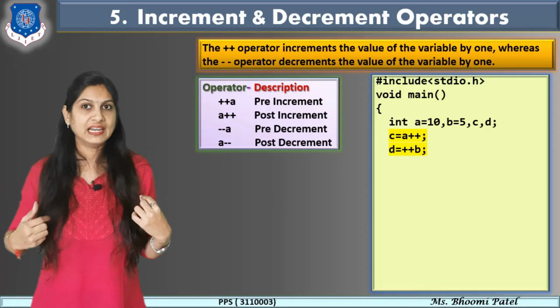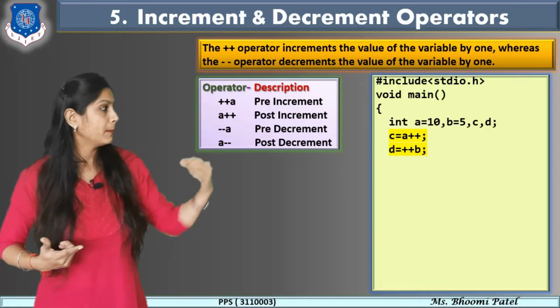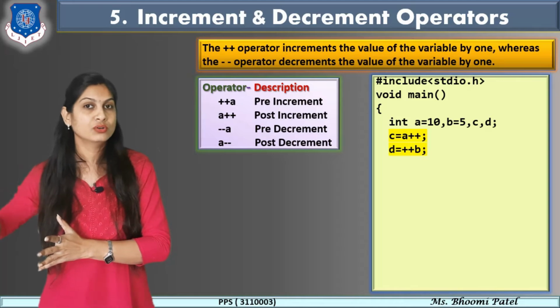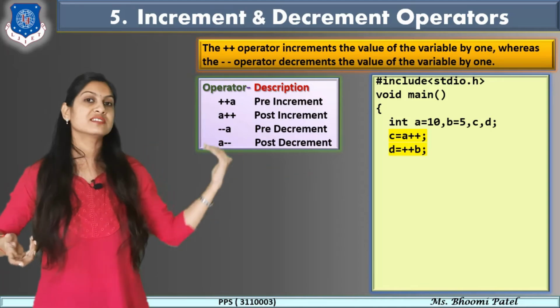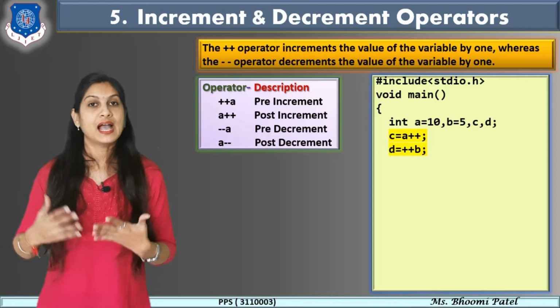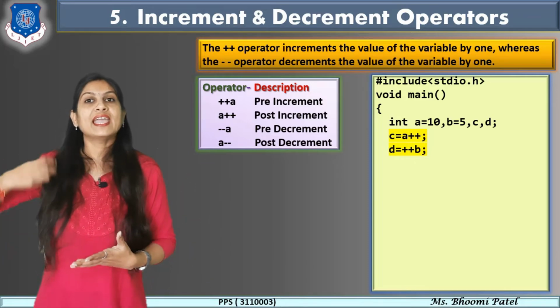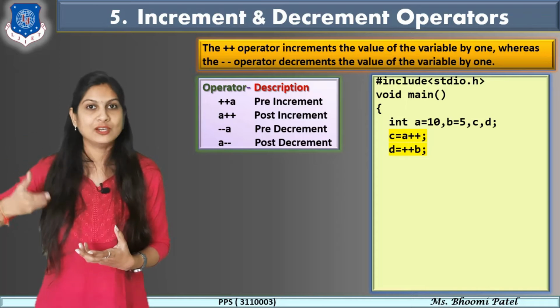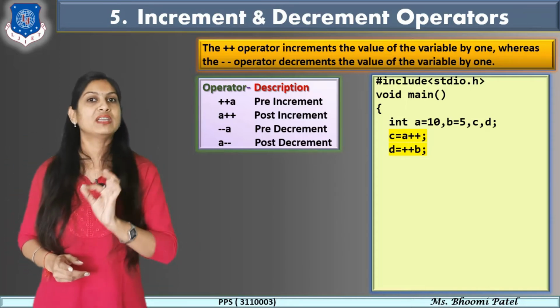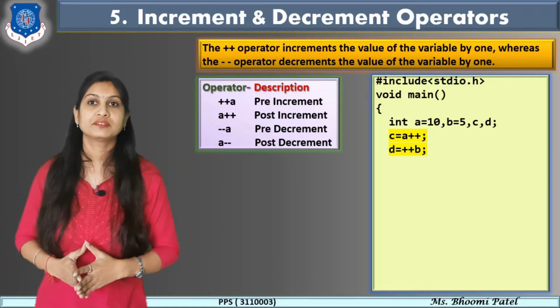Is it 10 or 11? It is 10. Why? Because it is a post increment, means it increases its value after and first assigns the value to c. So c becomes 10. After assigning value, a increases its own value by 1 and that is 11. So in this case a now becomes 11 and c becomes 10.